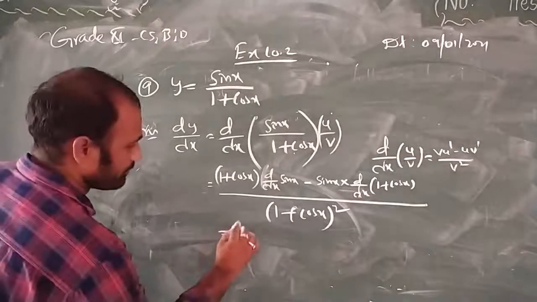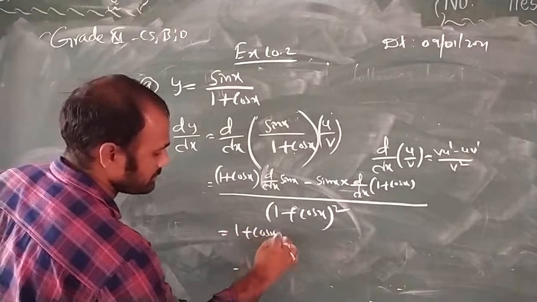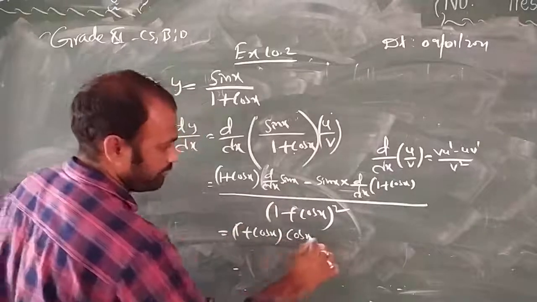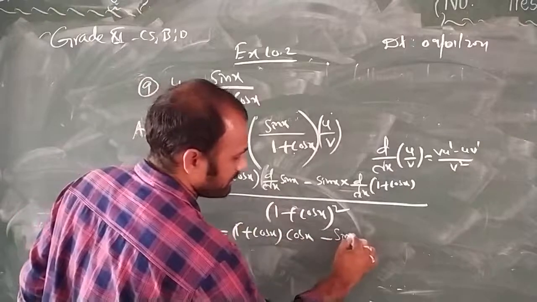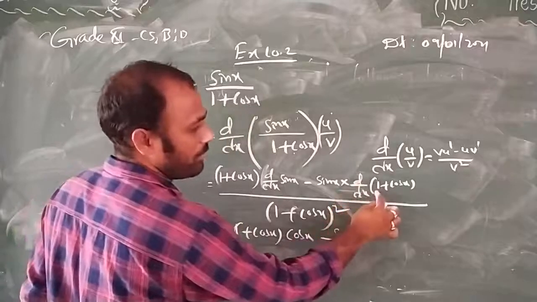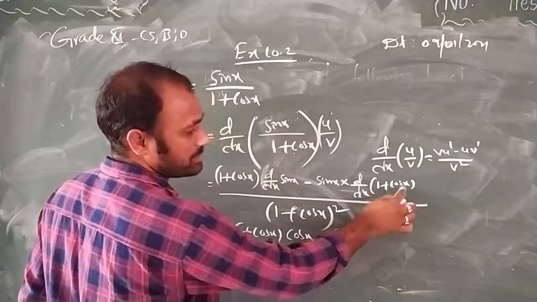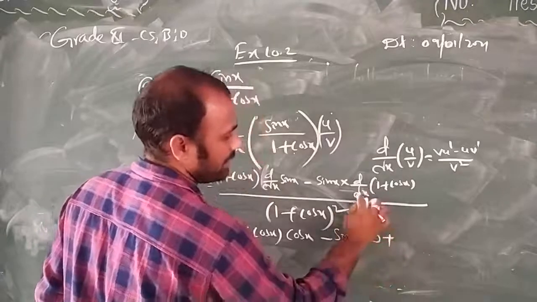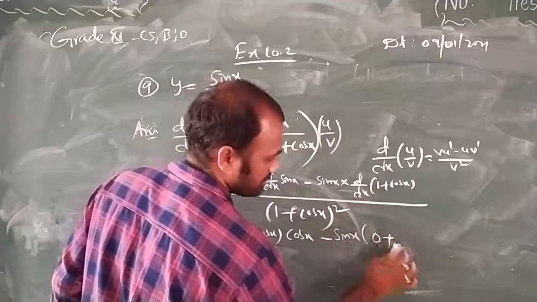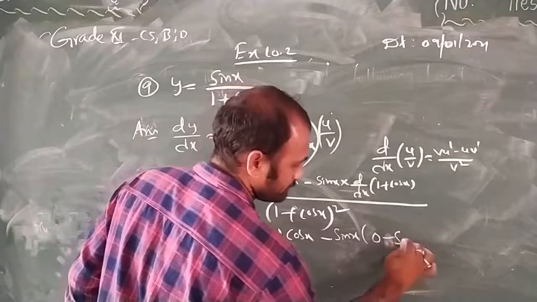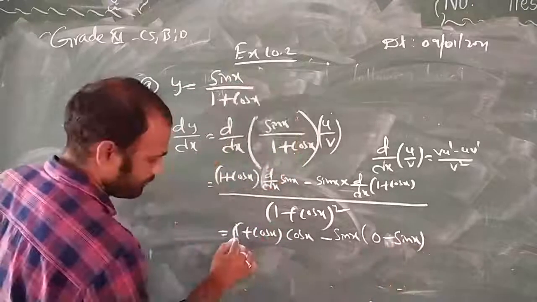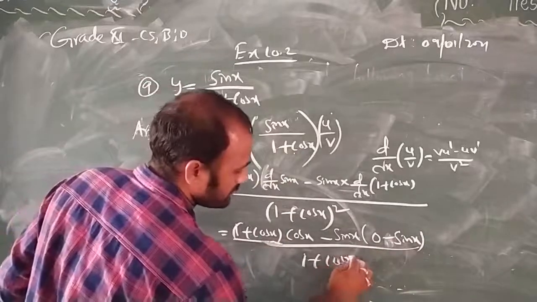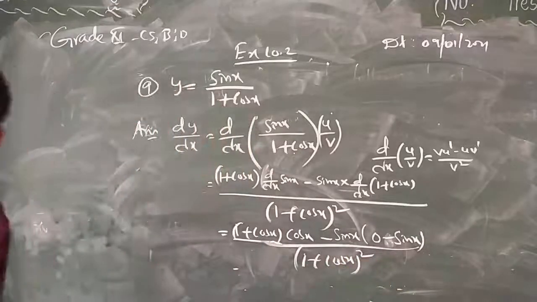So next step, 1 plus cos x, derivative of sin x is cos x, minus sin x. Derivative we have to apply two times here since it is a sum rule. So derivative of the constant function is 0 plus derivative of cos x is minus sin x, divided by 1 plus cos x whole square.